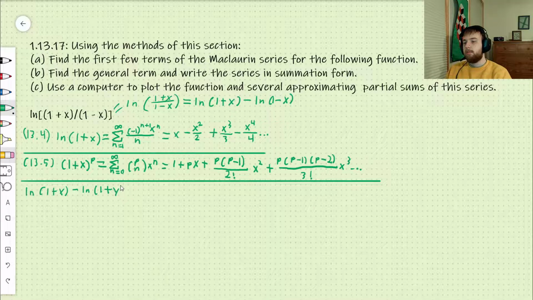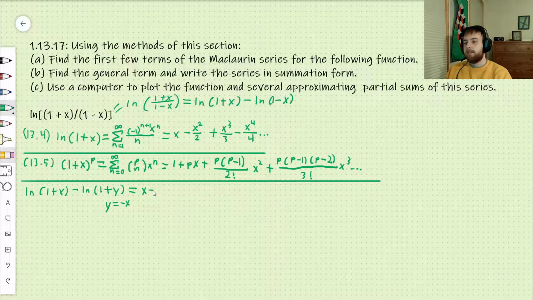So this is 1 plus y, and I'm defining y to be negative x. And this is so that it will exactly match this form up here. We just have to remember to resubstitute later. And since they're all exactly equal, this will still work out correctly.